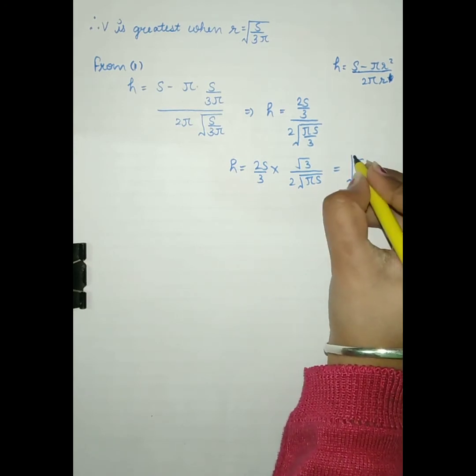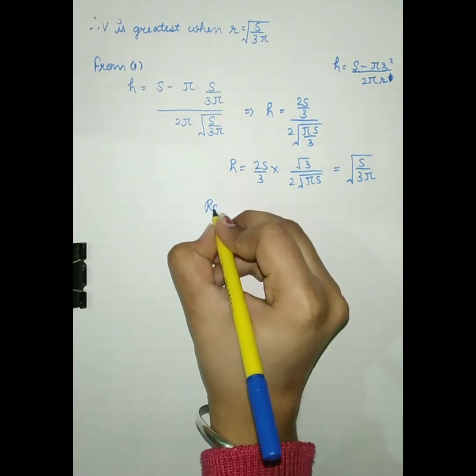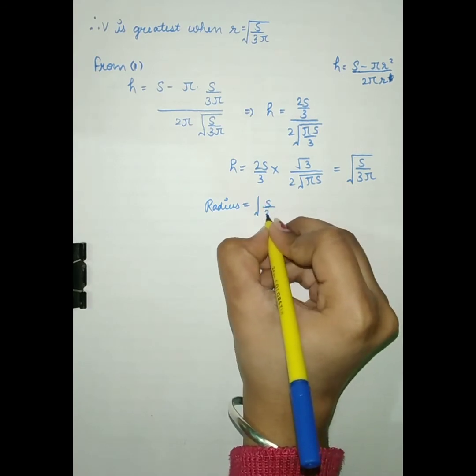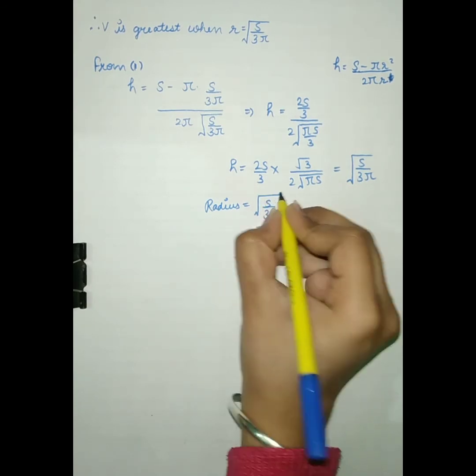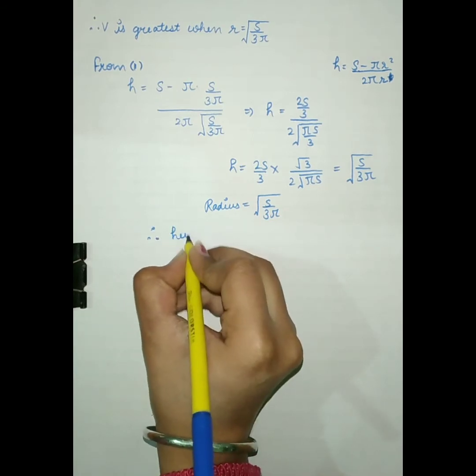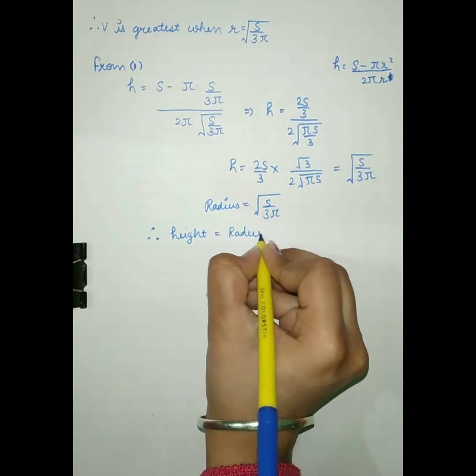So the height and radius both become equal to root S upon 3 pi, which is proved above. So therefore height will be equal to the radius of its base. Hence proved.